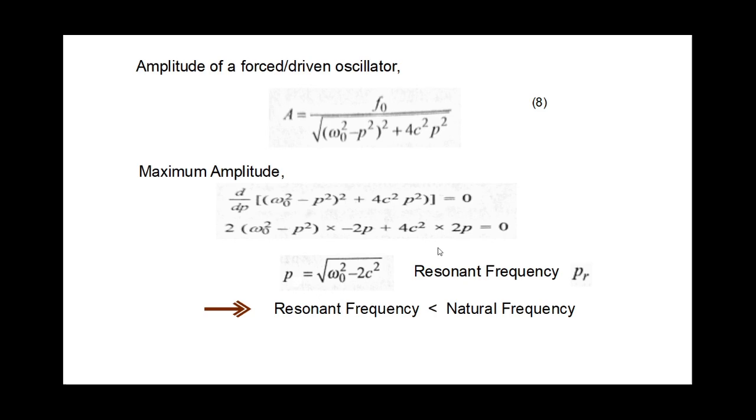Now, last time we saw that in the case of a forced oscillator, the amplitude can be given by this expression, where omega 0 is the natural frequency of the oscillator, P is the angular frequency of the external driving force, and 2C equals gamma by M, where gamma is the damping coefficient.